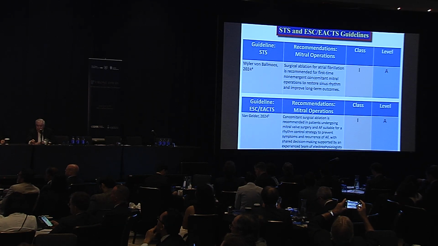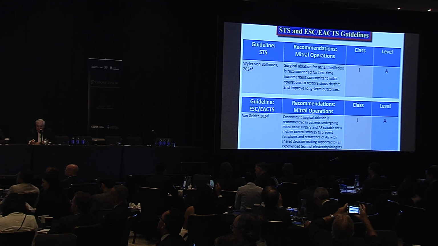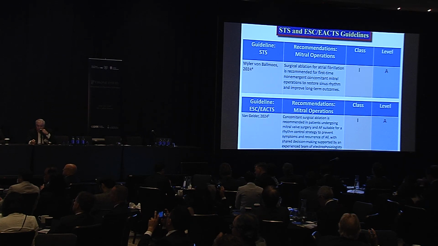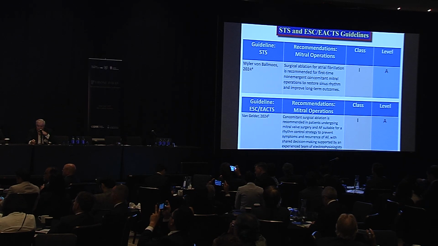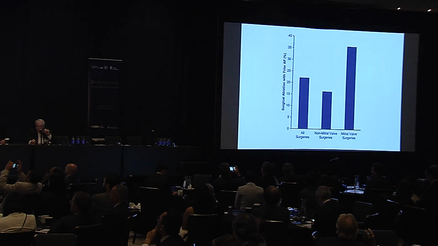Now, there's obviously been a lot of literature to back this up, and the STS, European Society of Cardiology, and European Society of Cardiothoracic Surgeons guidelines all give a Class 1 level A recommendation for ablating atrial fibrillation at the time of index cardiac surgical procedures.